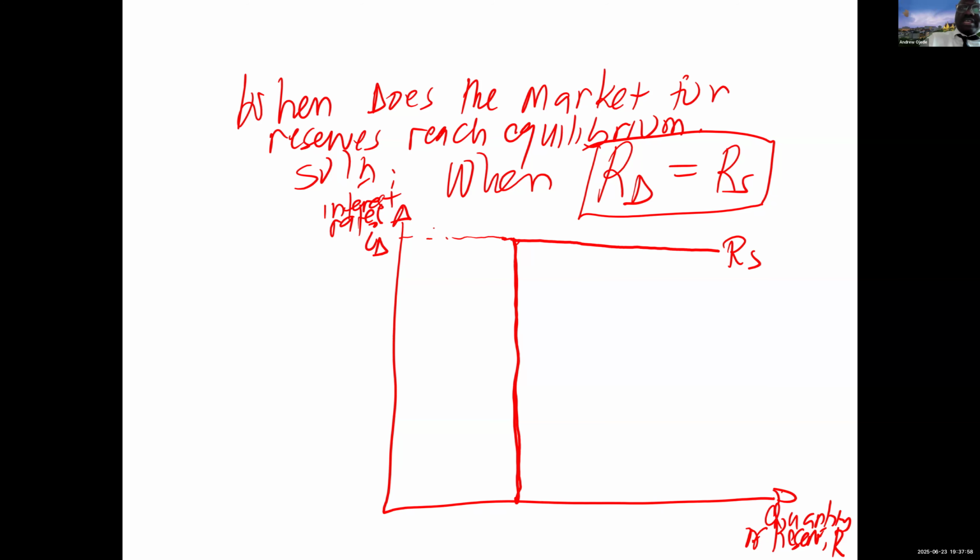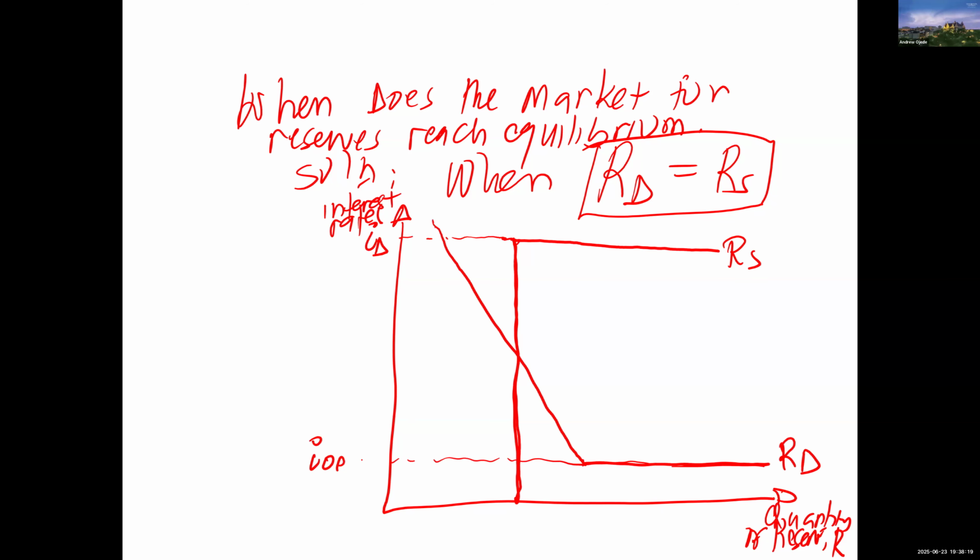The demand for reserves, as we talked about, is downward sloping, and then it becomes flat. So this is your RD. Where the demand curve becomes flat, this establishes a minimum threshold on the interest rate, which we call the interest rate on excess reserves.